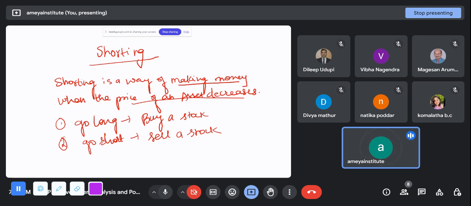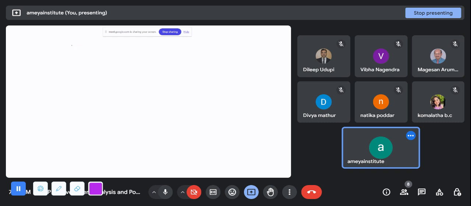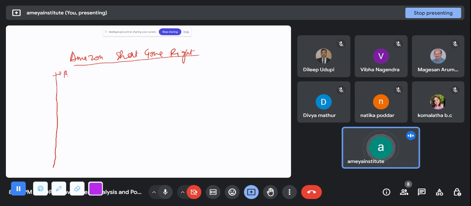Let's imagine we'll discuss in this only Amazon, go short. We'll discuss go short first, and what you expected has happened. So what happens in the shorting process? Let's see. First, we'll borrow.